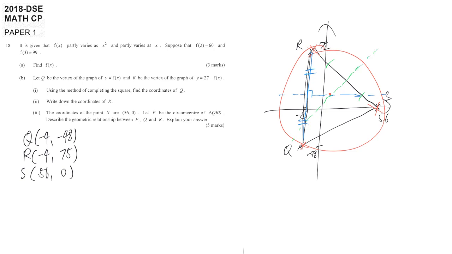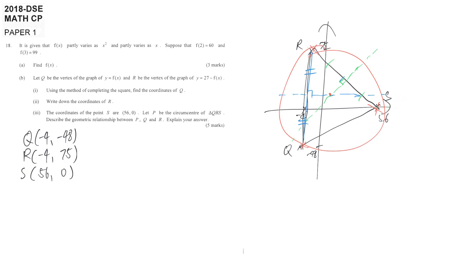Of course, the last one will pass through the same point, but I don't draw it because it just makes the graph more complicated. If you look at this graph, you'll find that Q and R have the same x coordinate, which means this is a vertical line.